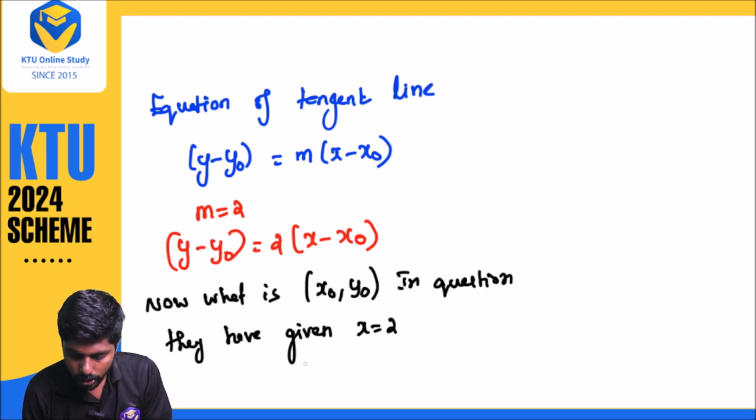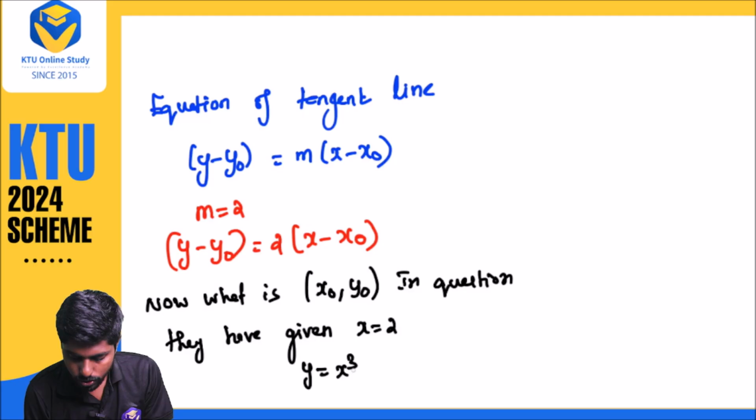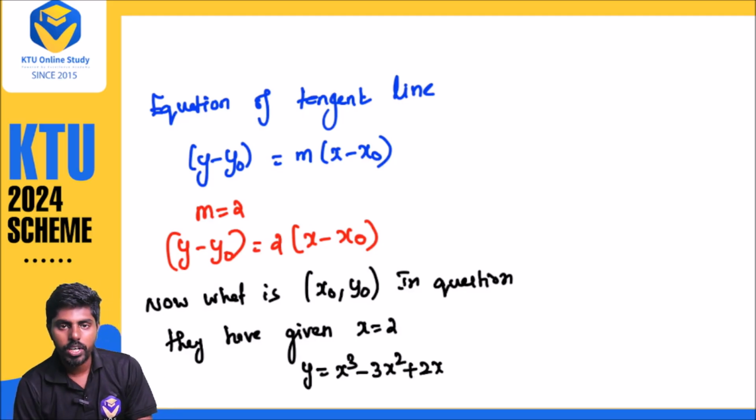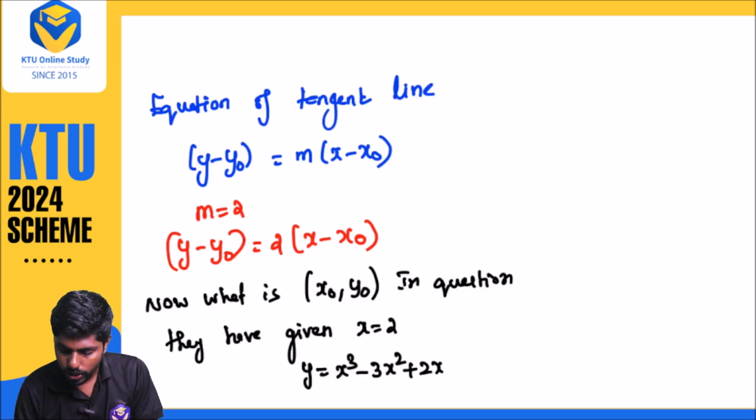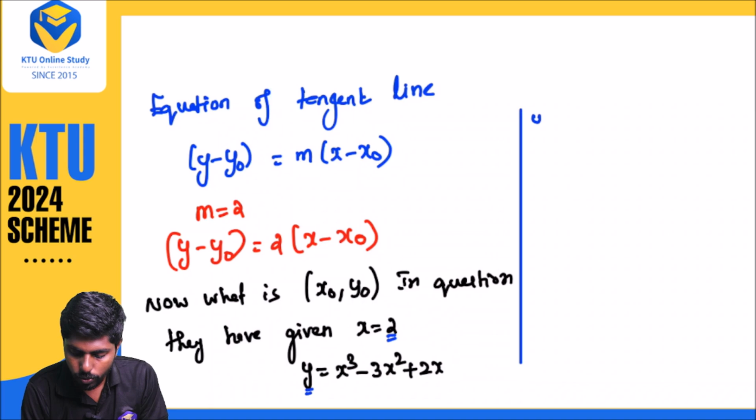They have given y is equal to x cube minus 3x square plus 2x. Substitute the value. When you substitute x is equal to 2 in this equation, you will get the value of y.